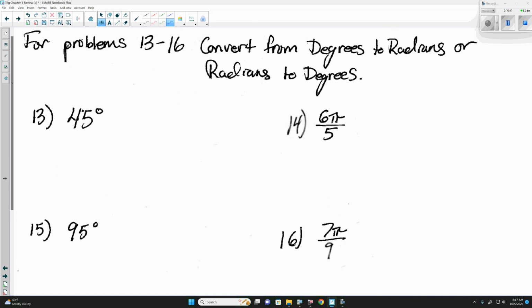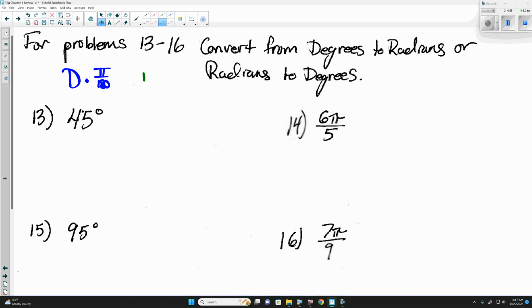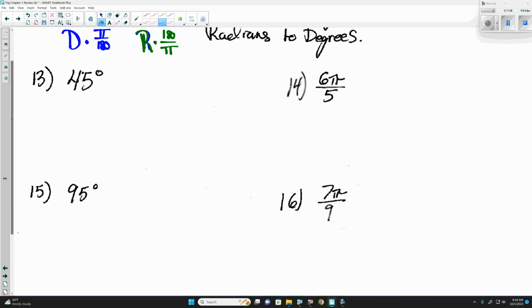Convert from degrees to radians or radians to degrees. If we have a degree measure and we want to go to radians, we multiply it by pi over 180. If we have radians and we want to go to degrees, we multiply the radian measure by 180 over pi. That's it. 45 degrees, well, we do 45 times pi over 180.